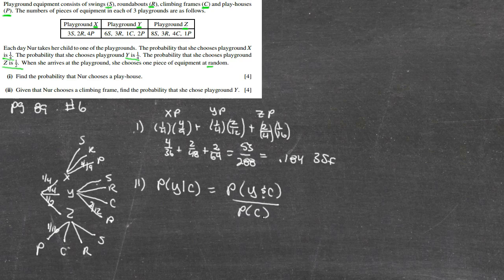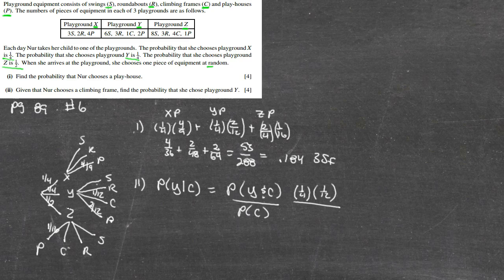So if I go back to my tree, I look at the climbing frame, and I've got 1/4 for playground Y. There's 1 out of 12, so I fill that in. And then I can go 1/4 times 1/12, and that's going to give me the probability of her doing both, going to Y and using the climbing frame.